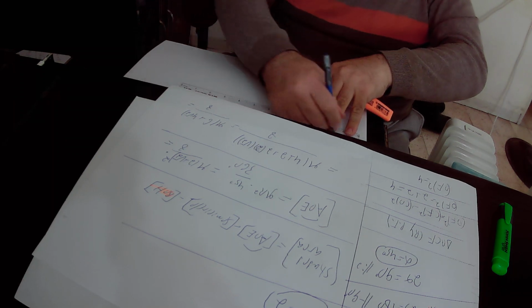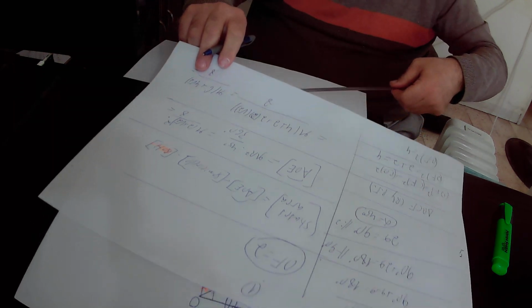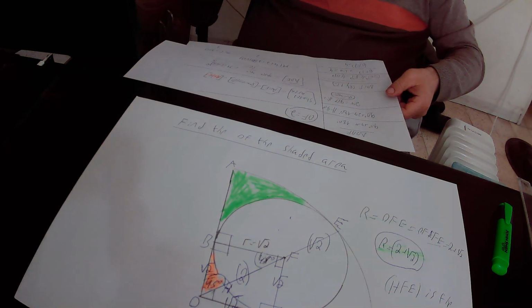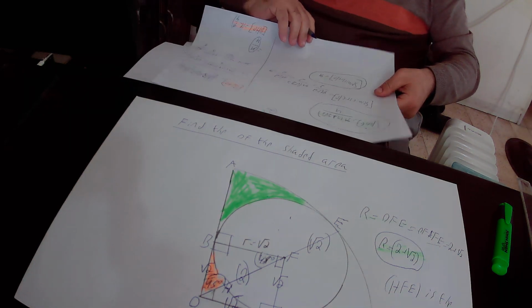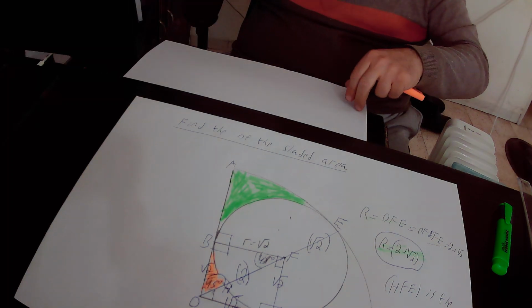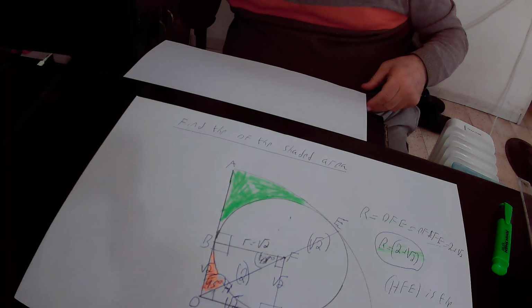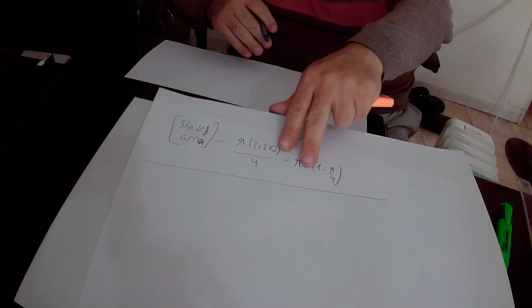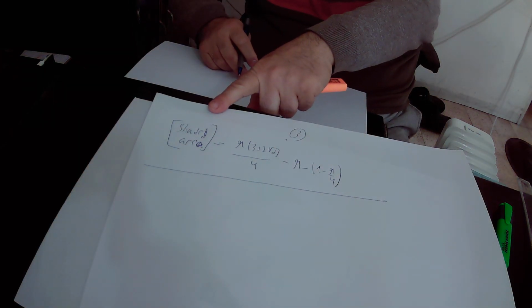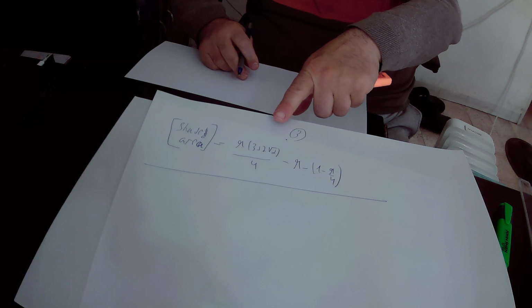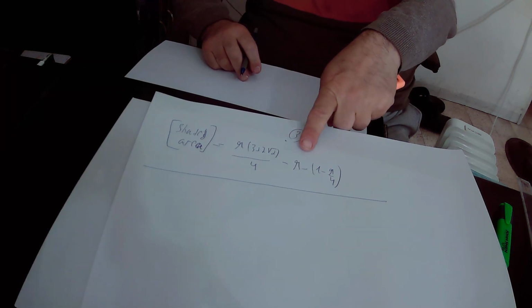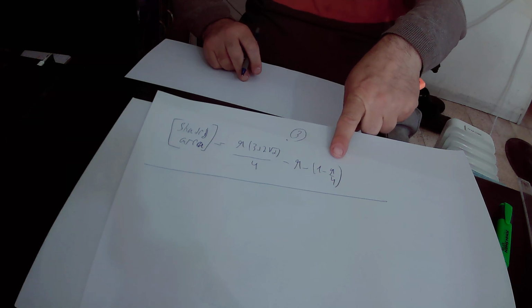Repeat again. The size of the shaded area equals the area of the big sector AOE minus the area of the semicircle minus the area of the orange small shape BHO.